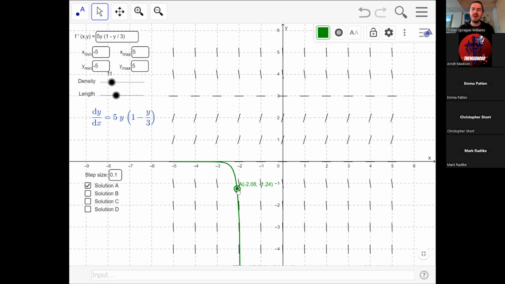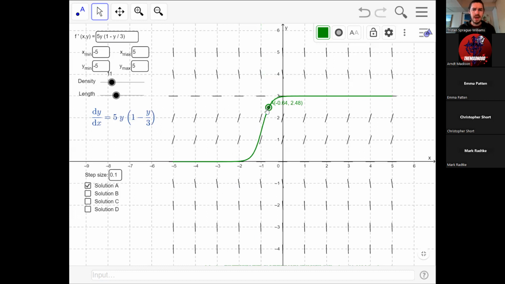We don't have negative population, so this doesn't really mean anything in the context of population. But if you're curious, if you bring your initial value down here, it goes down to negative infinity. It's because this is an unstable equilibrium at 0 and a stable equilibrium at the carrying capacity up at the top, 3 in our case. So yeah, there's a picture of what it looks like.